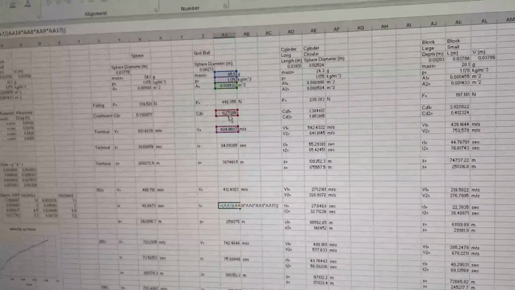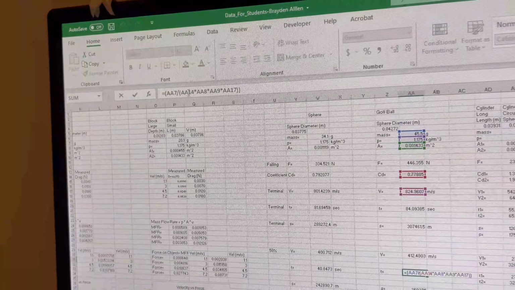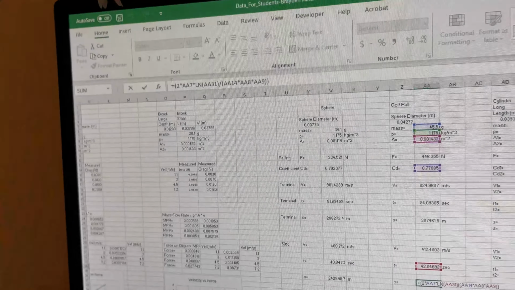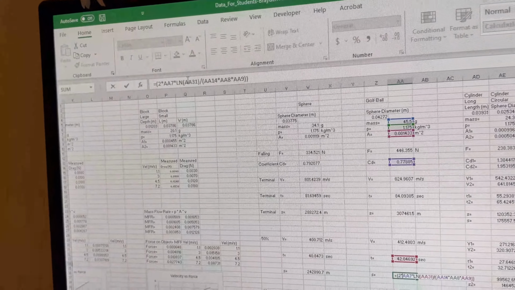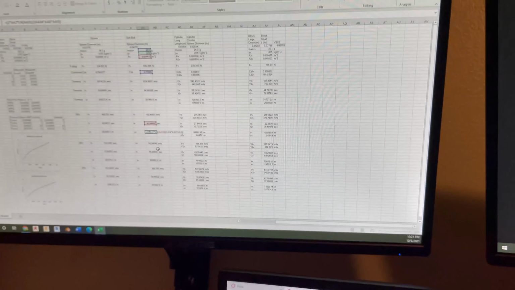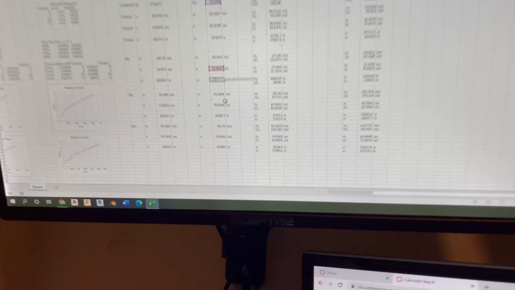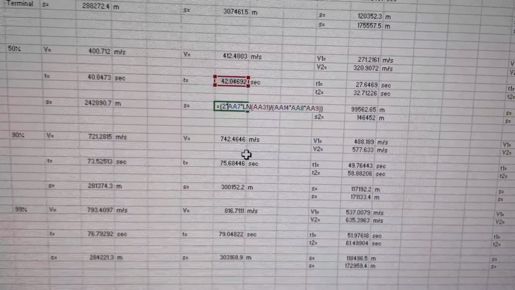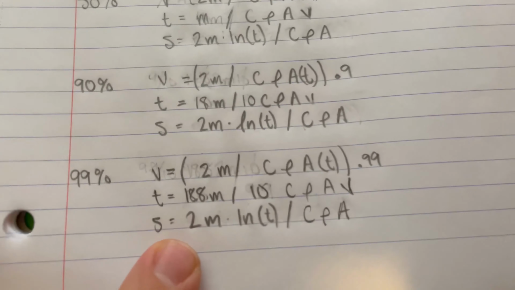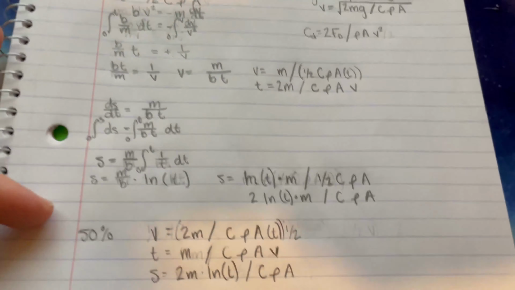Okay, so you can see those formulas. And then this one is the position formula. You can see there's an ln of this inside there. So that's all calculated out, and that's what I get. But really, it's in the formulas here, and I think these are accurate.